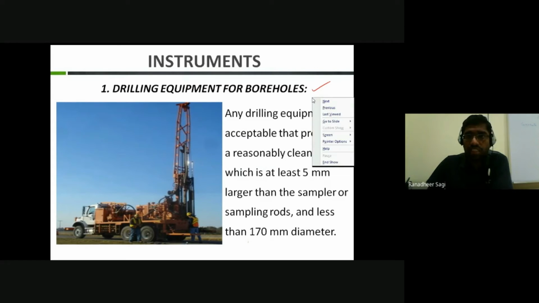Roughly, let us first understand how this SPT test is performed in the field, and then we'll go ahead and understand the step-by-step procedure, the various accessories required for carrying out the SPT test, and subsequently how the SPT N value is determined. For that SPT N value we have calculated, do we need to apply any correction?